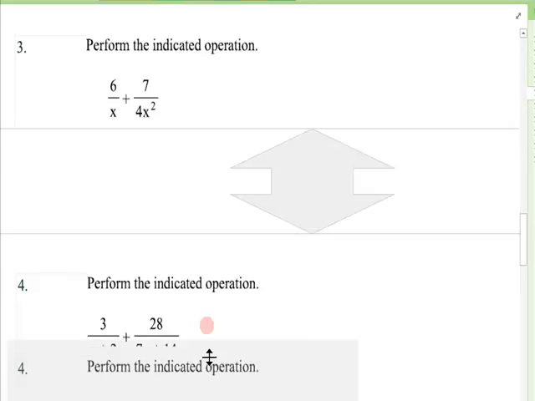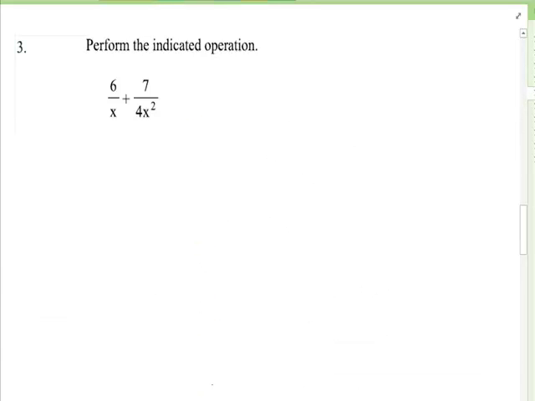Now let's talk a little bit more about that common denominator. When you just have different denominators, completely different, sometimes you just multiply them together, and that's the common denominator. When you start looking at these and you say, well, I have an x here and I have a 4x squared, the LCD, here's what I like to say. It is one of every different kind of factor, the highest power.